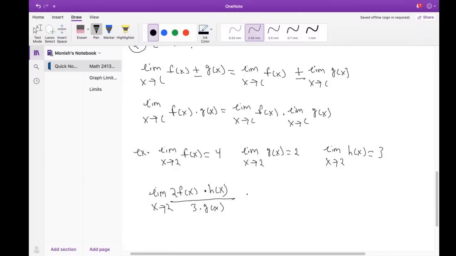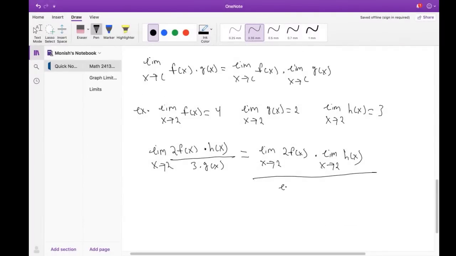And so based off of our understanding of how limit operations work, we could split this into saying the limit as x approaches 2 of 2 times f of x, multiplied by the limit as x approaches 2 of h of x, divided by the limit as x approaches 2 of 3 times g of x.